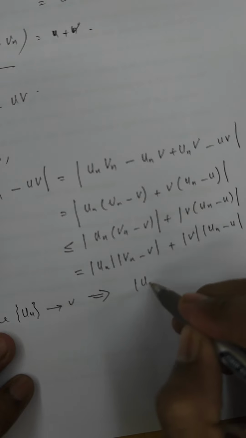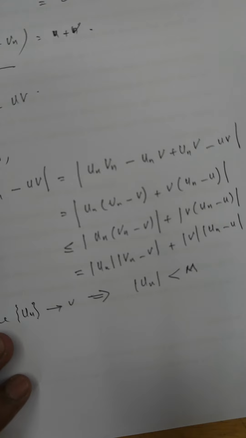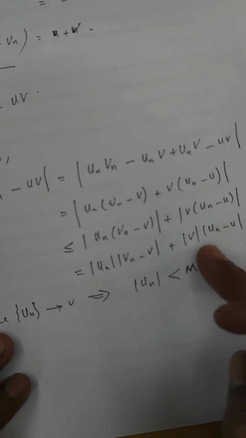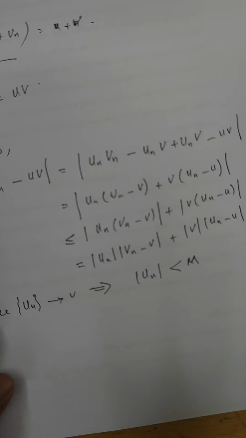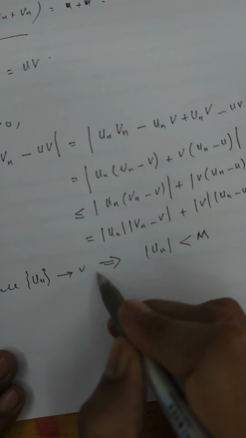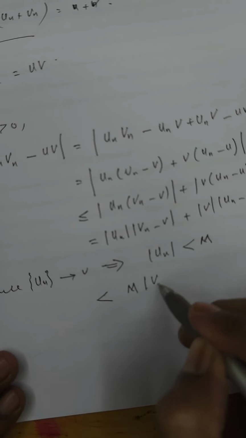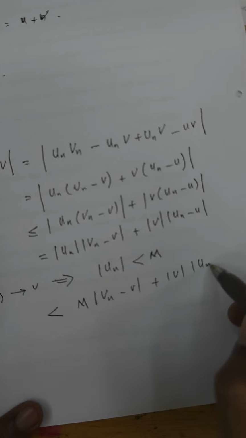So un is less than some number m, because if the sequence converges, then it is bounded. Then for v, no problem, because it is just a number, we just take it positive. And then I think that's all. So this will give you less than m times vn minus v plus v times un minus u.